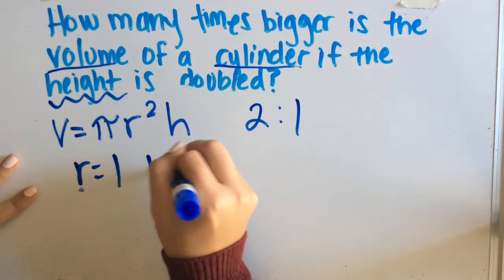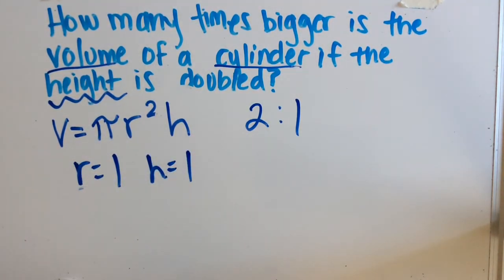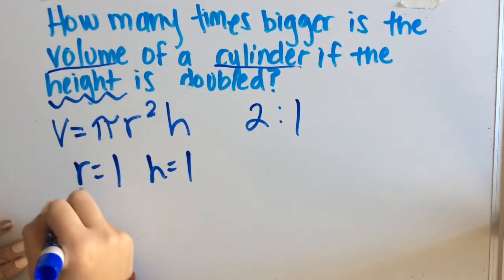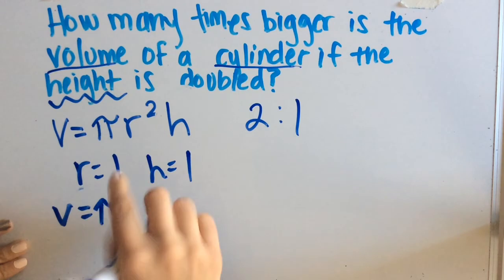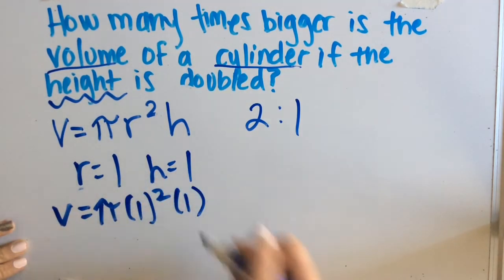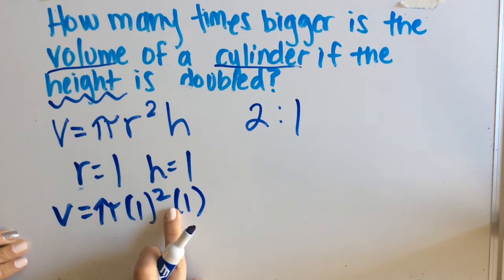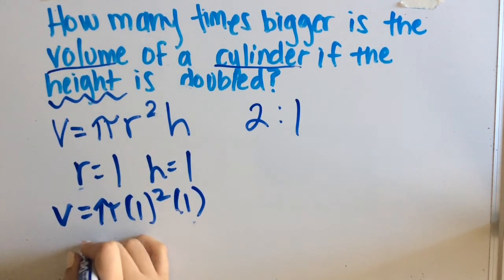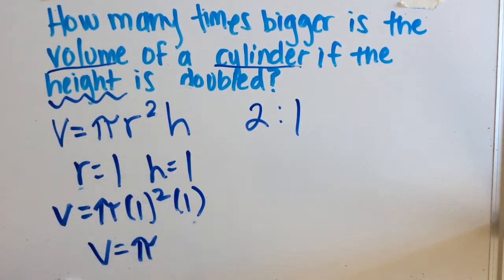And that the height is 1. Okay, just to kind of figure out an example. So I'm going to plug that into my formula. Volume equals pi times the radius, which is 1 squared, times the height, which is 1. So 1 squared is 1, times 1 is also 1. So the volume is just equal to pi. Okay, if we did have a cylinder that had a radius of 1 and a height of 1.